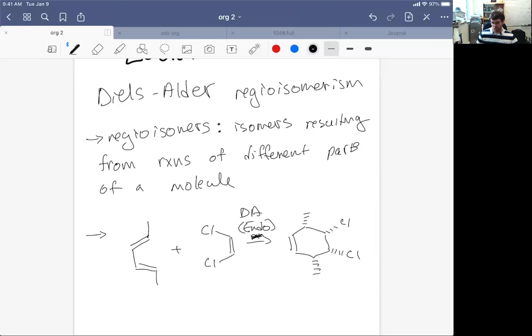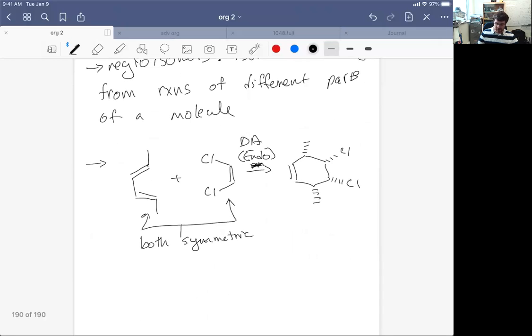But what's interesting about this is we have dienes and dienophiles that are both symmetric. I've been careful about choosing examples of Diels-Alder reactions because there's something that arises when both the diene and the dienophile do not have selectivity.